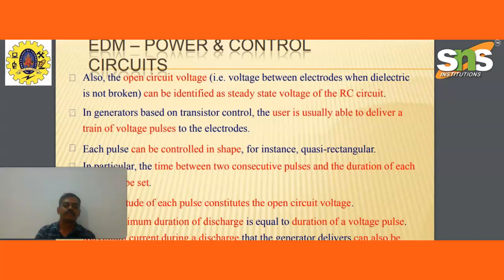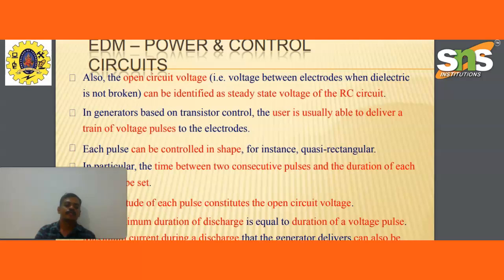In a generator based on transistor control, the user is usually able to deliver a train of voltage pulses to the electrodes. Each pulse can be controlled in shape, for instance, quasi-rectangular. In particular, the time between two consecutive pulses and the duration of each pulse can be set.